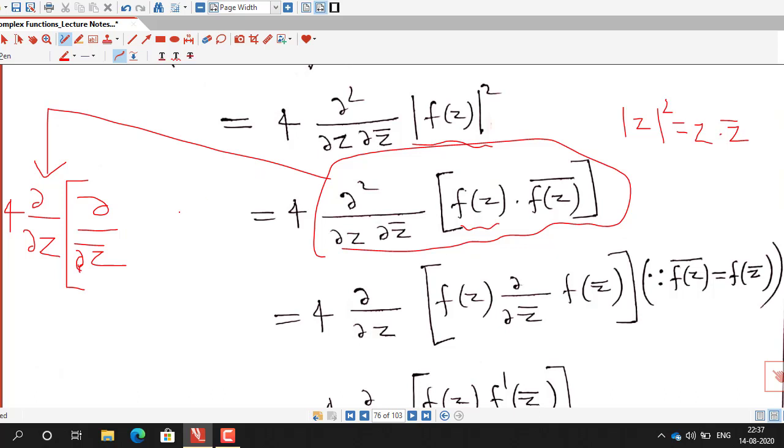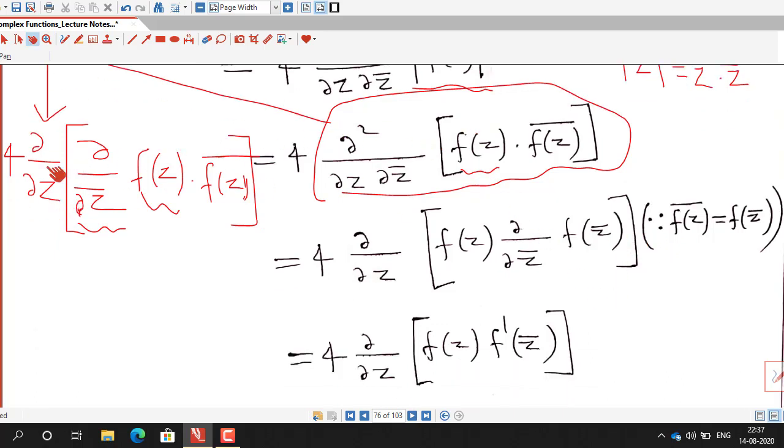And here with respect to z, so f of z into f of z bar, or conjugate. Now this is derivative with respect to z bar, so we will consider f of z as constant. So it is f of z into del by del z bar of f of z bar.